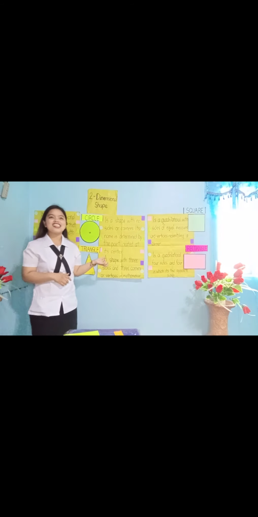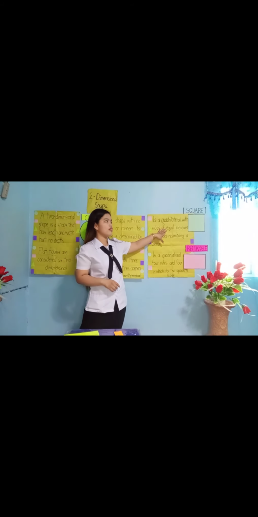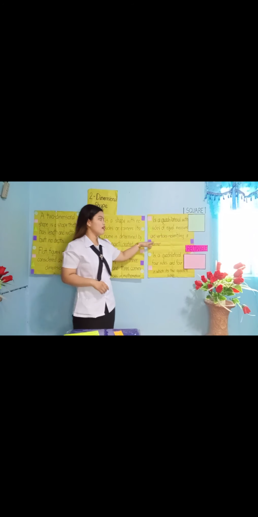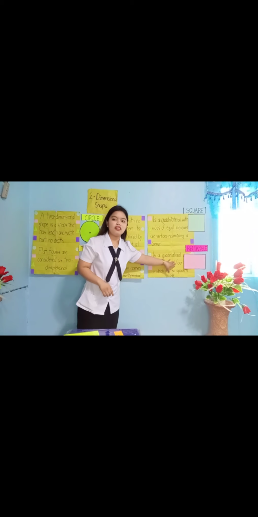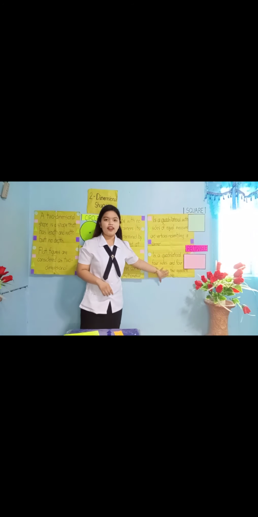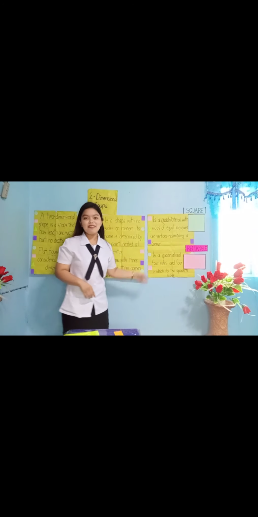Anything that has three sides. Next is the square. What are examples of a square? The window, the television. The next is the rectangle. What are examples of a rectangle? The door, the cell phone.